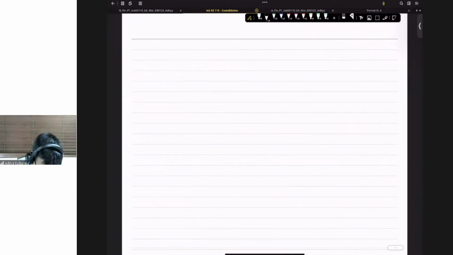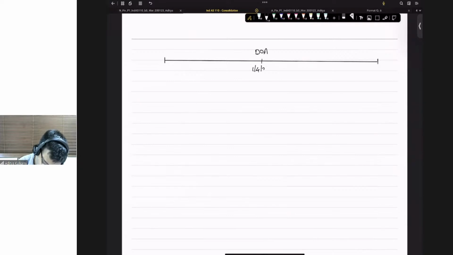I'll just modify that question a little bit. Date of acquisition 1st April 20x1. You are preparing the balance sheet as at 31st March 20x2. And remaining all facts remain the same.